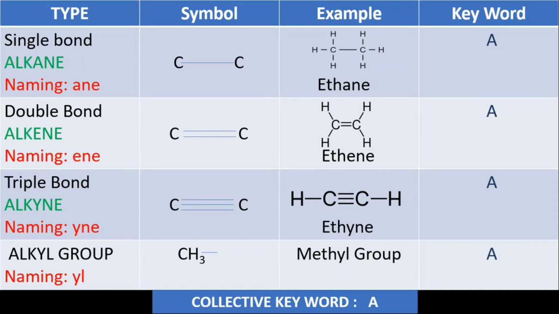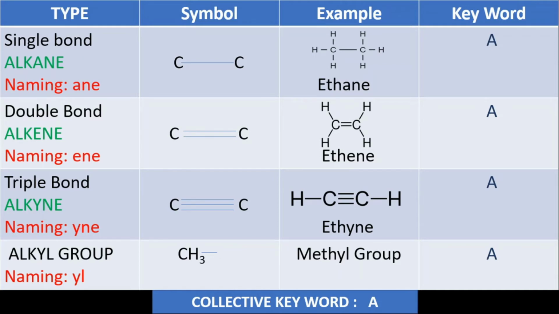And we normally place the letters A and E, the ending ane, at the end of the name of an alkane. So if you find a carbon-carbon single bond anywhere in an organic compound, it should automatically come to your mind that it is an alkane.